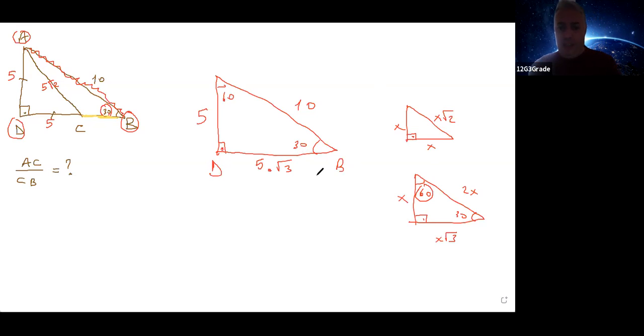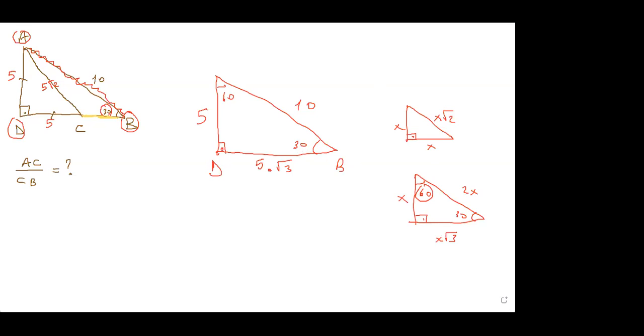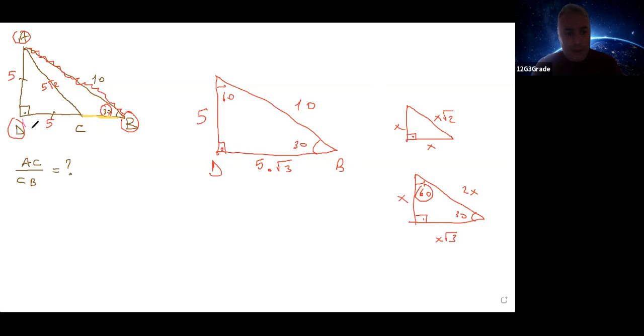Jude, is it okay till here? Yes. Now, from D to B, this is 5 root 3. From D to C, this part, only 5. So on the number line, think this is totally 5 root 3. From this to this, 5.